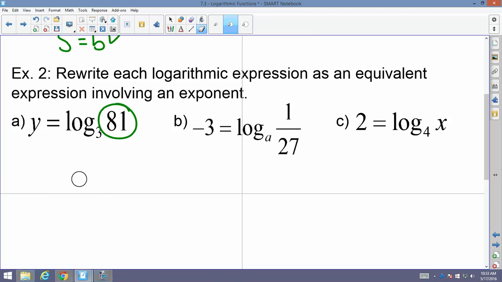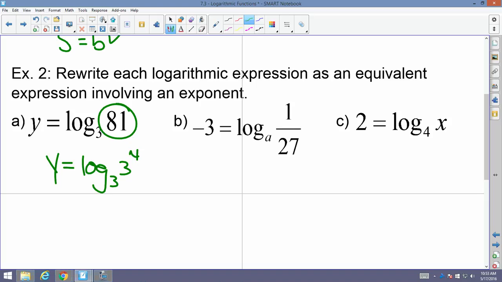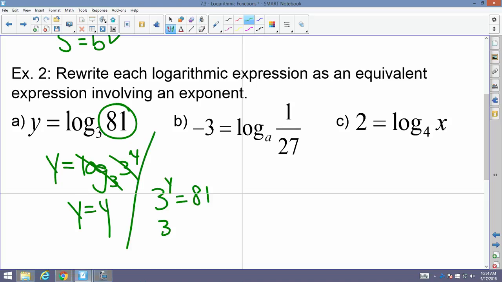Okay. You ready? I'm going to blow you away here. We got y equals log base 3 of 3 to the 4th power. Guys, what's log base 3 of 3? Y equals 4. That's where this starts hopefully coming into play. You could also say, like we did before, 3 to the y equals 81. 3 to the y equals 3 to the 4th power.